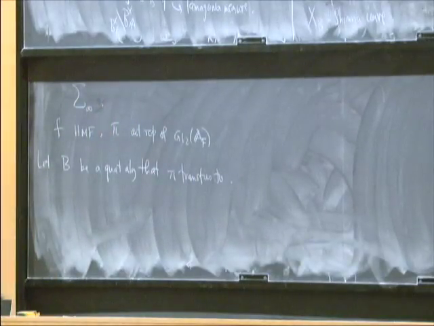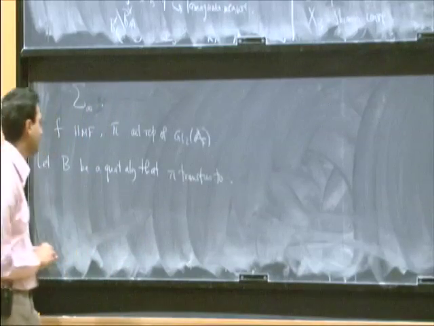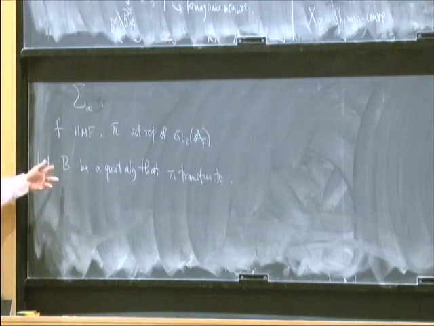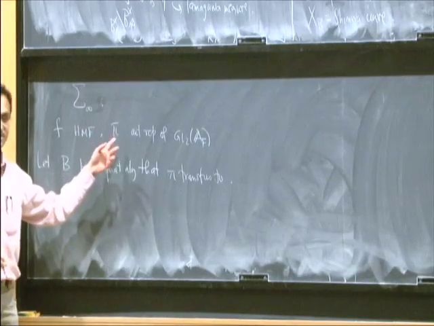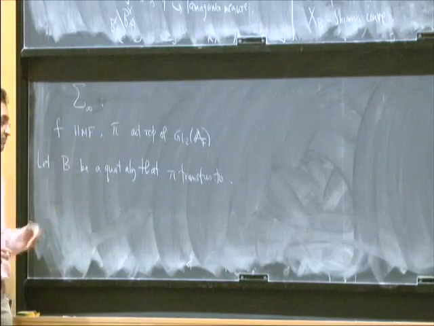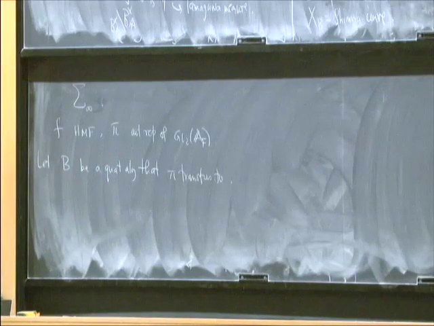I'm not assuming parallel weight 2. And recall there's a condition that B has to satisfy for this to happen. The condition is that B can only be ramified at places where pi is discrete series. So there's some condition given by Jacquet-Langlands.